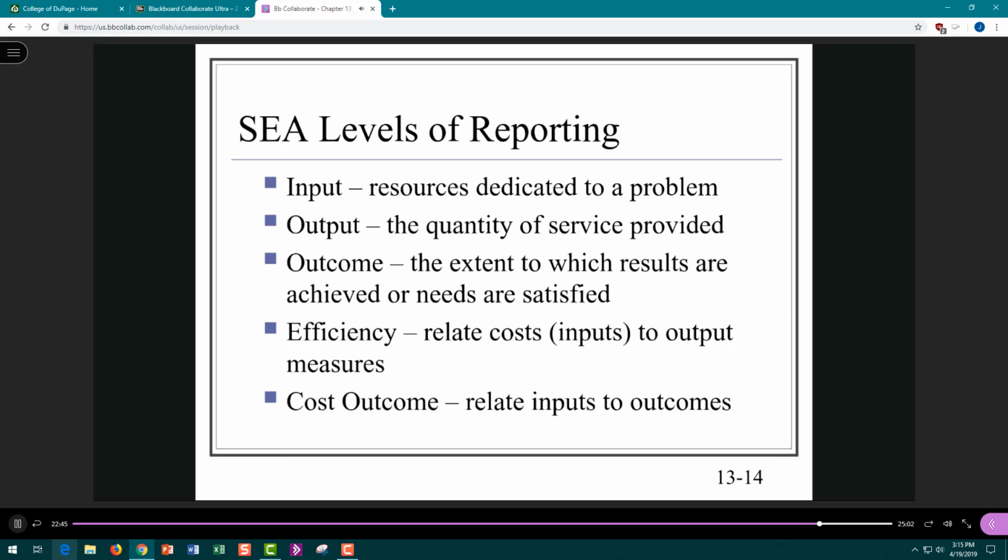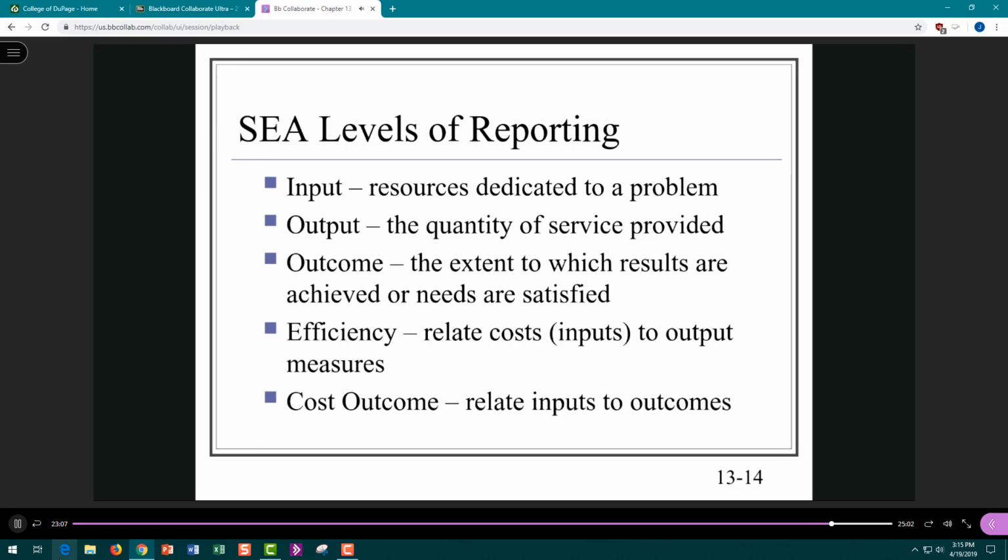So what might that look like? For an efficiency ratio, you have a ratio of number of teachers in the numerator over number of degrees conferred. So that gives you how many degrees are being generated by whatever number of teachers you've got, and does that change over the year, and how does that compare to other institutions?